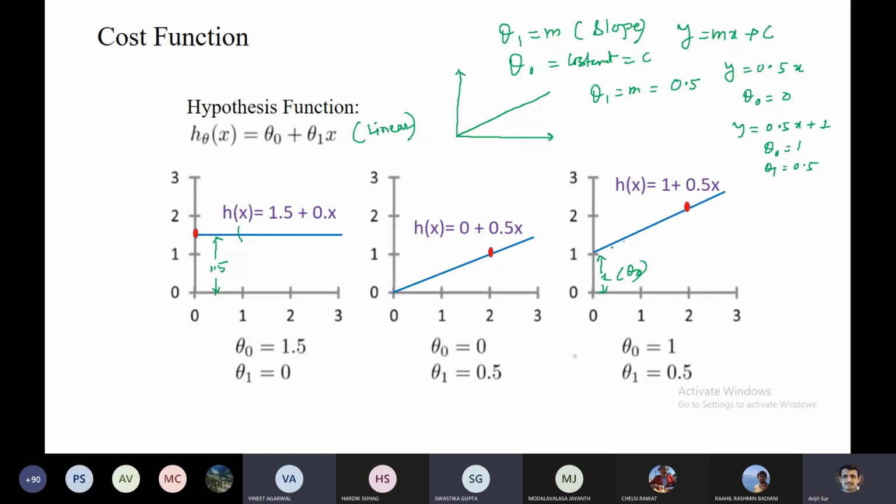The slope, this inclination, is there, that means theta 1 is 0.5. So in this way, what we can understand is that by varying theta 0 and theta 1, we can get different hypothesis functions.